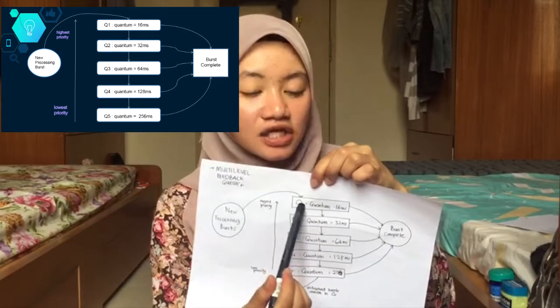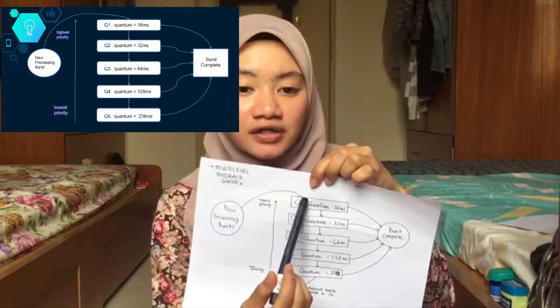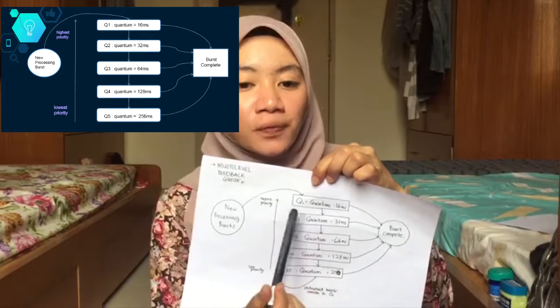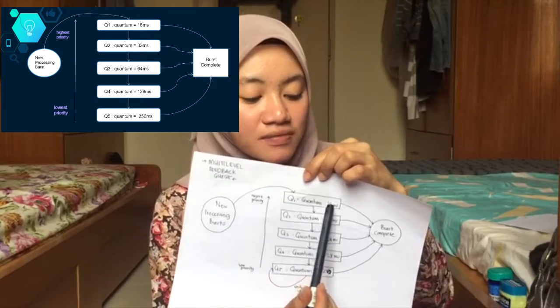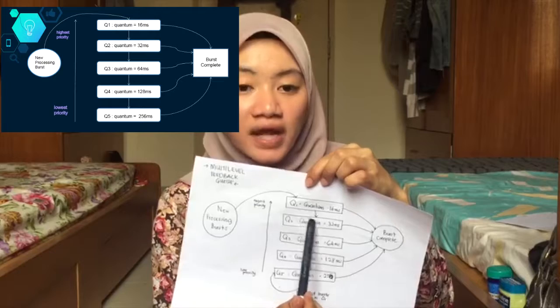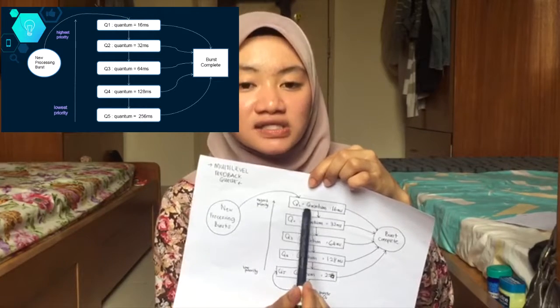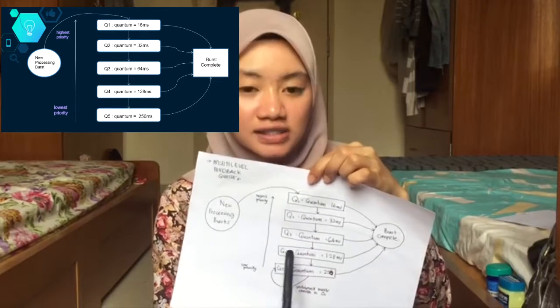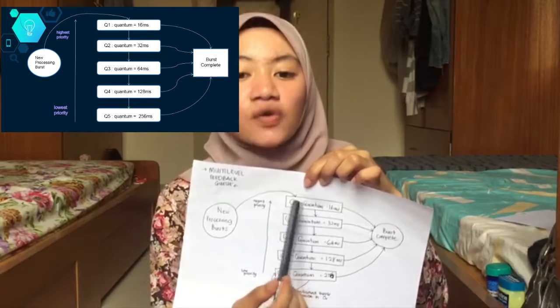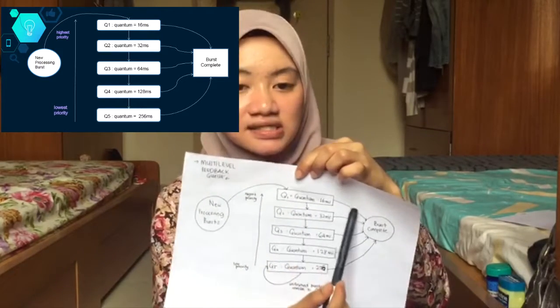A process enters Q1, which is the highest priority, and is allocated a shortened burst of CPU, for example 60 milliseconds. After that, quantum 2 keeps on being 60 milliseconds for each of the next quantum. If Q1 does not complete the burst, it must wait in Q2 to exit the system.